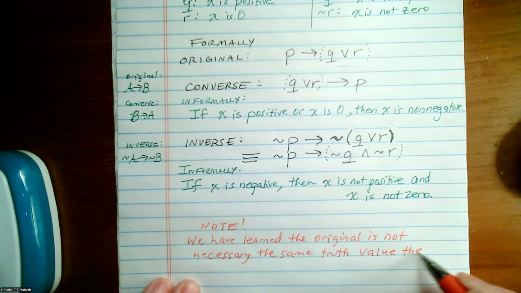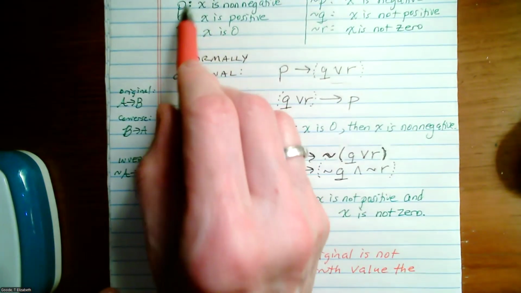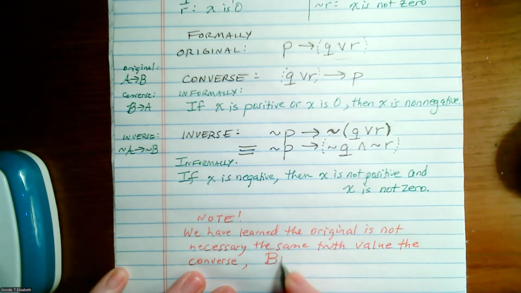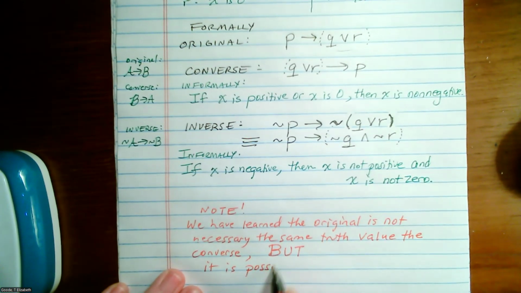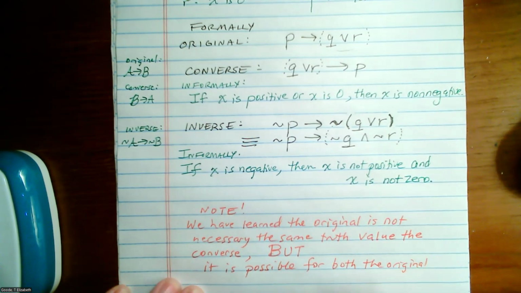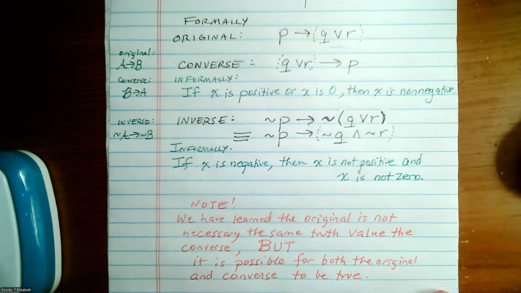And it's never going to be logically equivalent, but it turns out that our choice of the statements P, Q, and R are such that, here's the big but, it is possible for both the original and the converse, and of course that means then the contrapositive and the inverse, to be true. It is possible that they all have the same truth value, but it doesn't always work out that way.